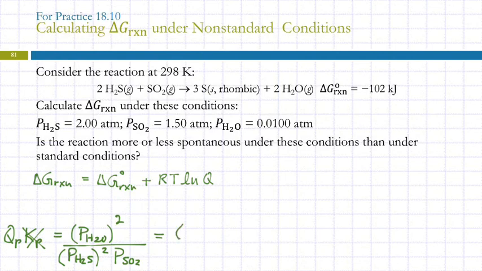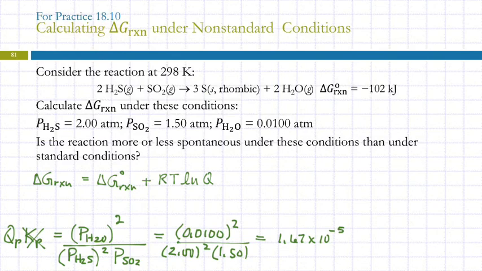So for the water, I've got 0.0100 squared, and the H2S is 2.00 squared, and the SO2 is 1.50. 0.01 squared divided by 2 squared divided by 1.5. So that's what I'm coming up with for the value of Q.